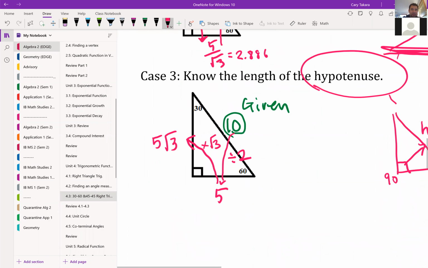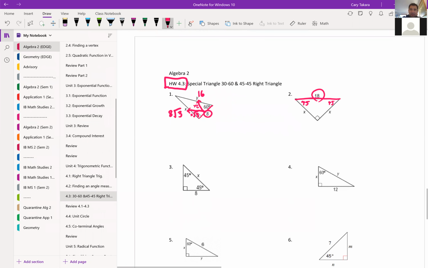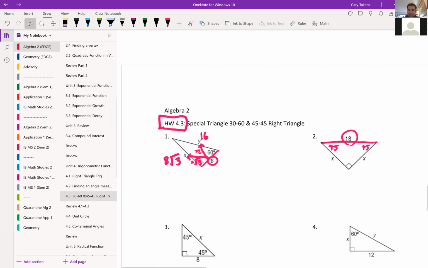So you're going to divide by square root of 2. So it's going to be 18 divided by square root of 2, whatever that is. And the other side is also going to be 18 divided by square root of 2 because they are the same. So that's it, you're done.